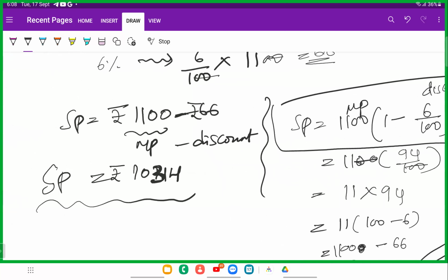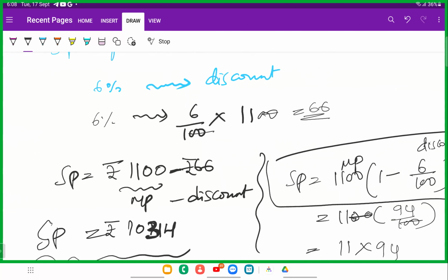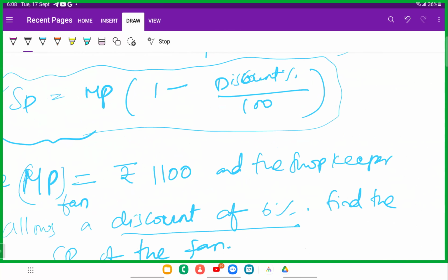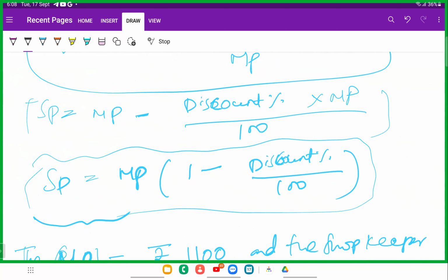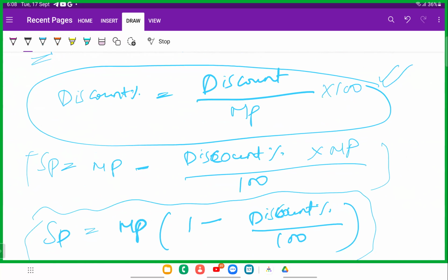Sir, can you show where you wrote the formulas? Can you scroll up, sir? Yes, sir.